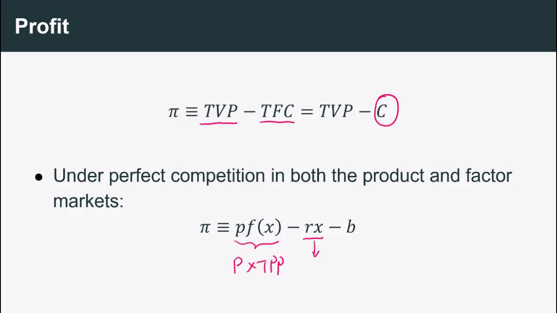Here, this is total variable cost, and B here is the fixed cost. So in the short run, there's a B here. However, in the long run, as we have explained, all inputs will be variable, and B will equal 0 in the long run.